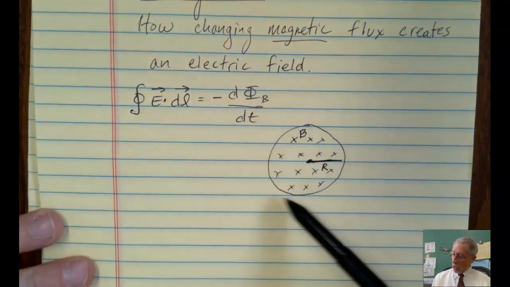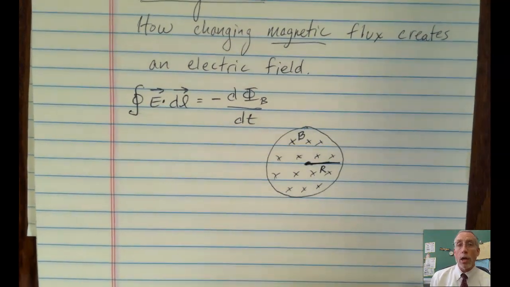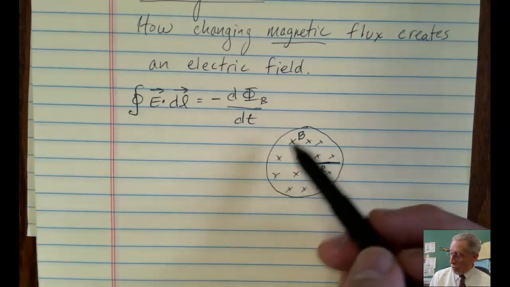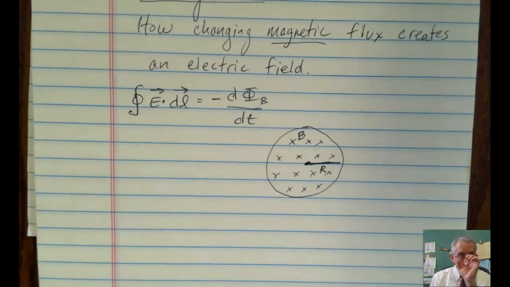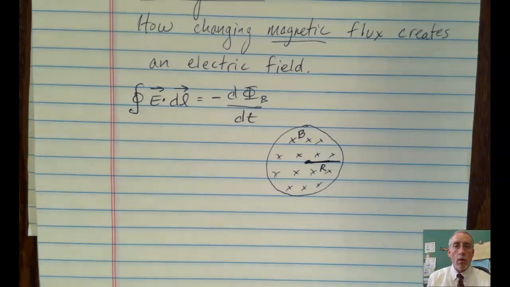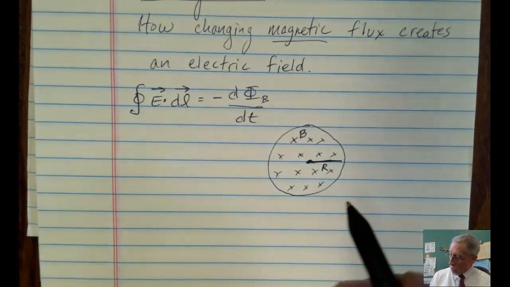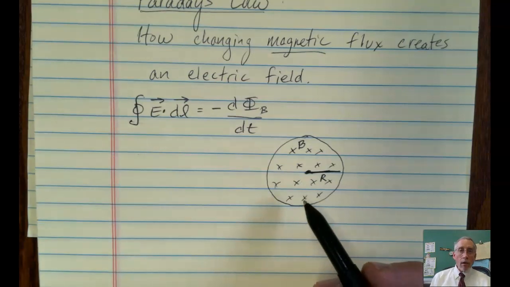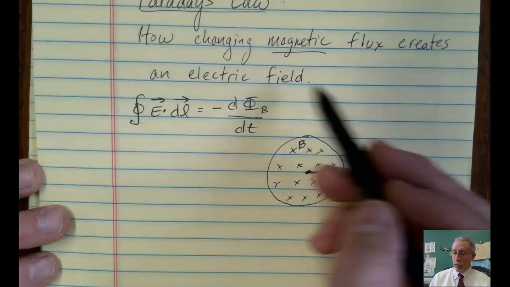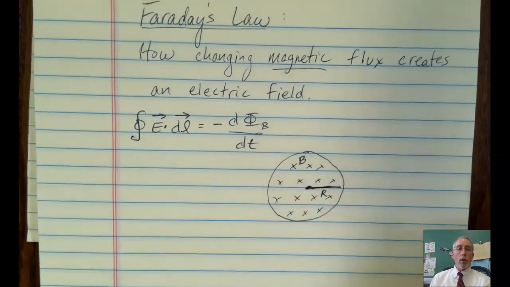So here's my magnetic field, and I'm going to say something is causing that magnetic field to change. Typically, with a round region like this, we're looking down the core, the tube, if you will, of a solenoid. Inside a solenoid is a pretty uniform magnetic field, aka magnetic flux, if we include the area. Everywhere inside there, and also everywhere outside of here, there will be an electric field created as we are changing the magnetic flux.